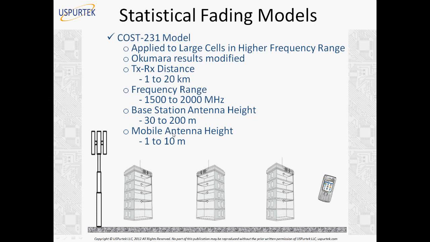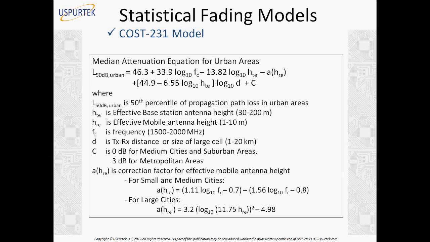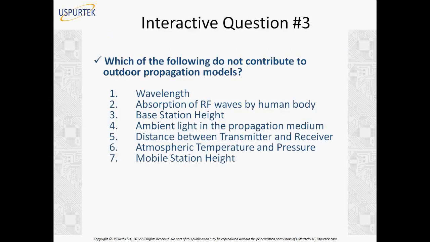Base station antenna height and mobile height is about the same. Well, and this is the final equation that we get. Again, we have classification of this correction factor for small and medium cities and for large cities. So I'm going to quickly pass through these slides because this is more of mathematics and just introduction, and move on to the actual examples, and we'll see how we do the analysis.